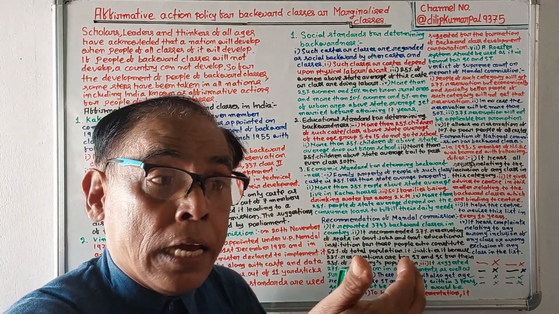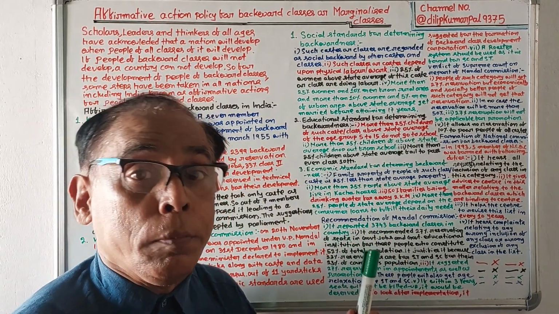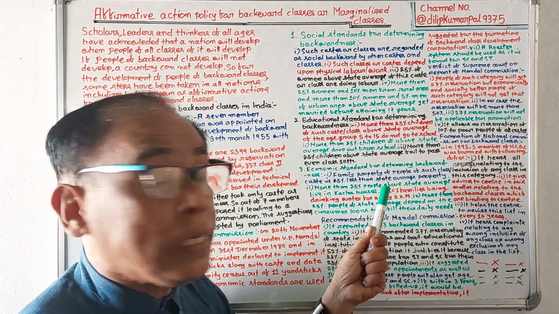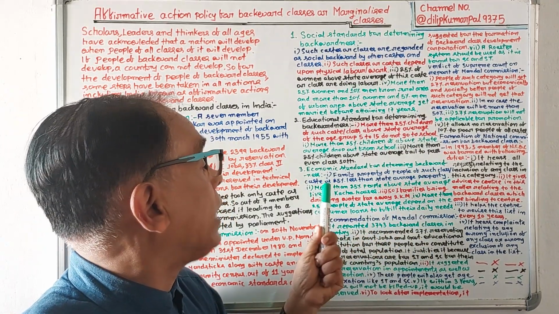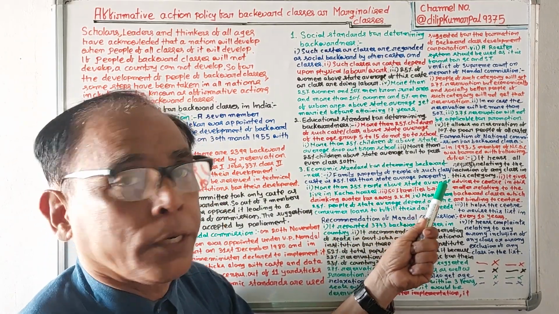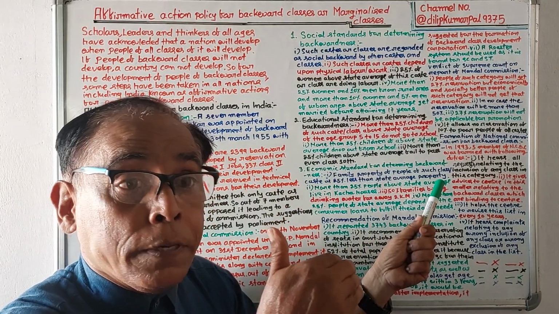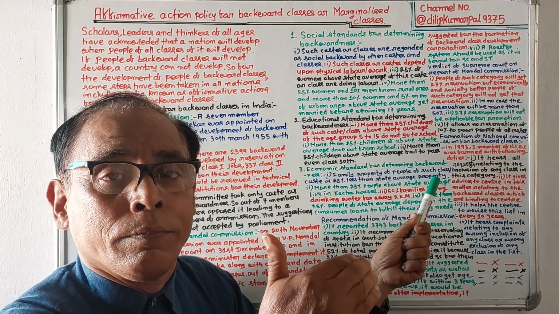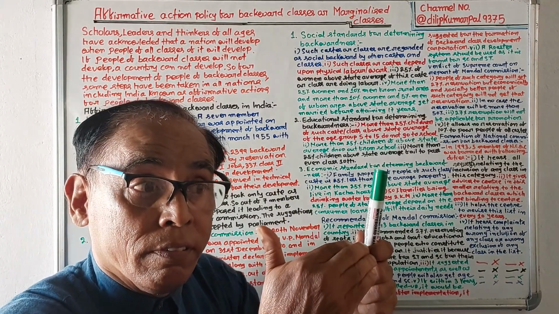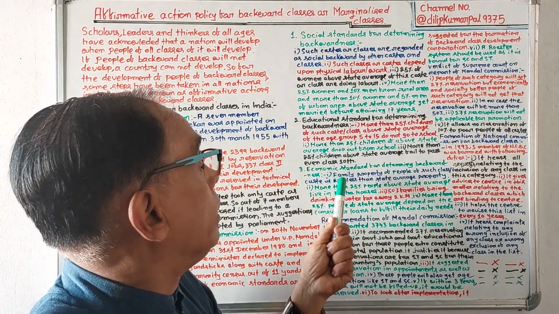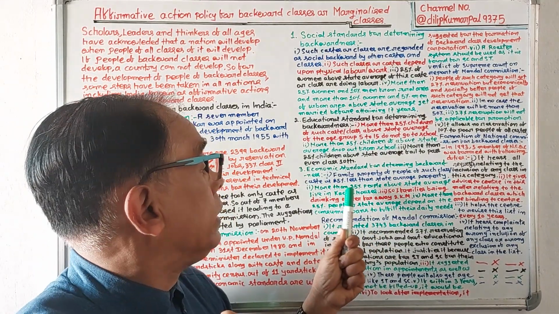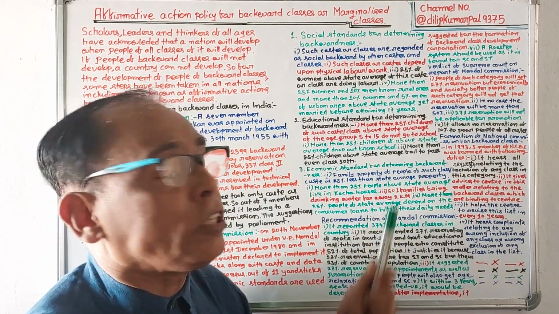Then there are 4 economic standards for determining backwardness. Number 1, the family property of people of such class or caste is 25% less than the state average property.